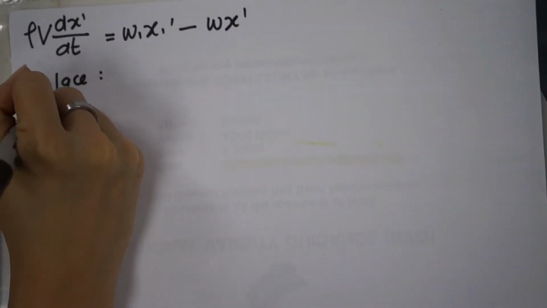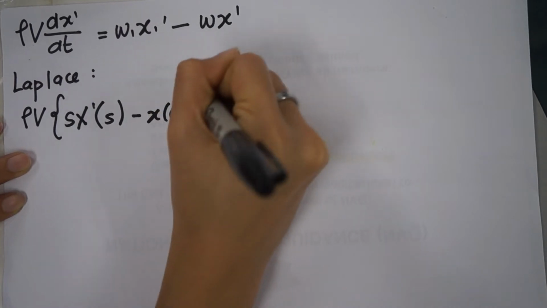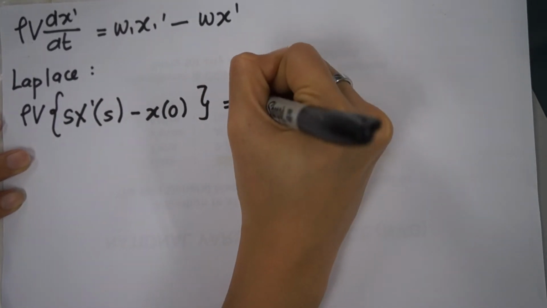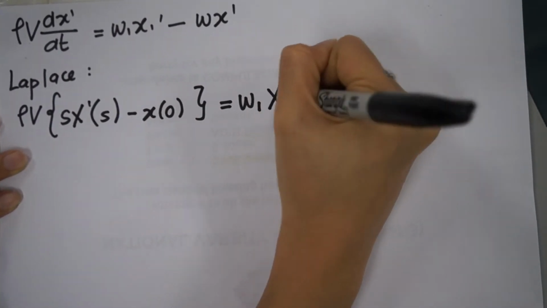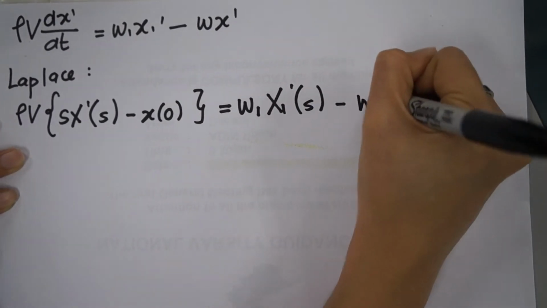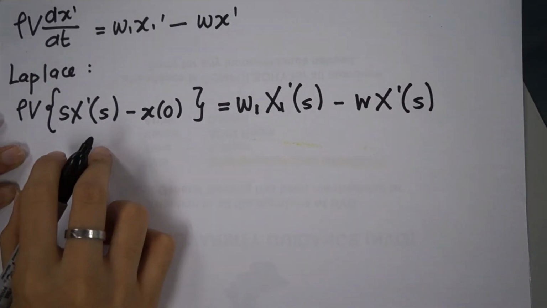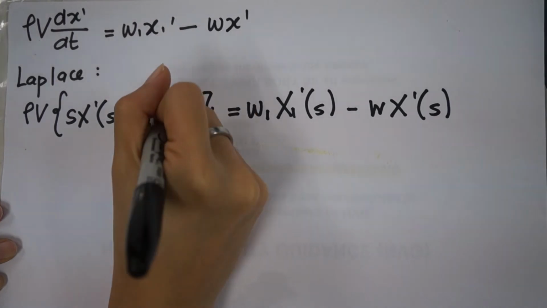Rho v is a constant, so we just take it out. And for here, this is just a basic Laplace transform; you can check it anywhere. And w1 is a constant and x1 is a variable, so it will be transformed. Same goes here. Sorry, there's a prime here.